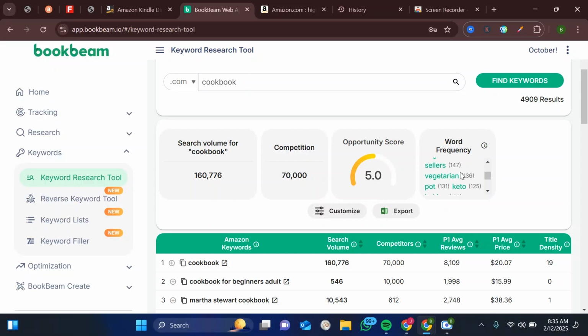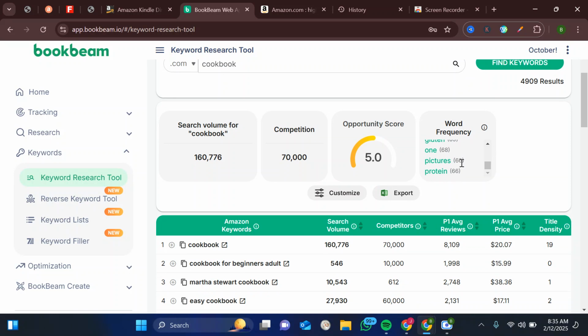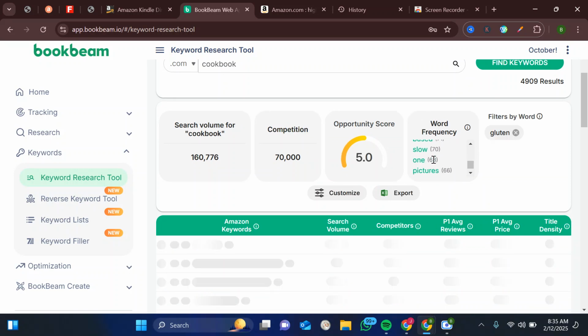Usually I like to select around 60 something or less than 100. So we will see art 72, baked 71, gluten 69, protein 66. So let's go for gluten. Let's click on gluten.